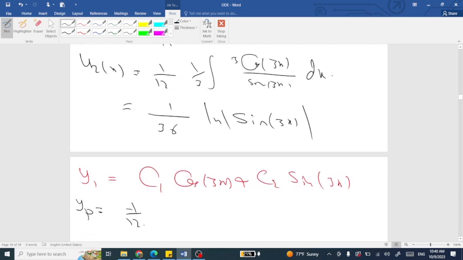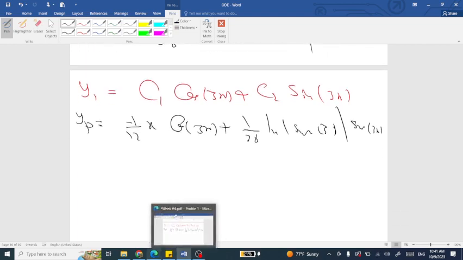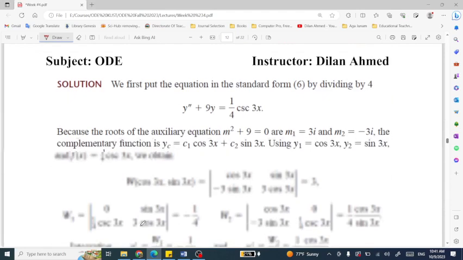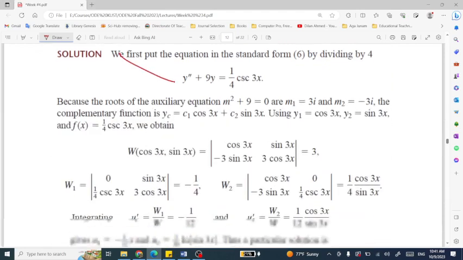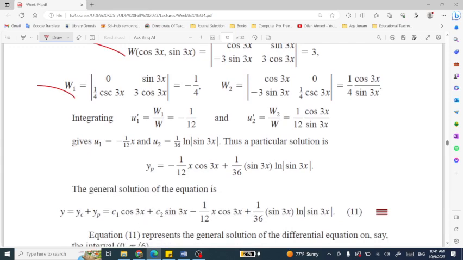Minus 1 over 12 x cosine 3x plus 1 over 36 ln of sine 3x multiplied by sine 3x. The ln is not multiplied, the ln is outside. So generally you can see from here this is the Wronskian, this is W1, this is W2, and here is YP that we got.